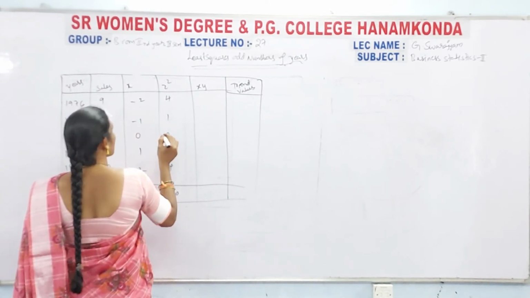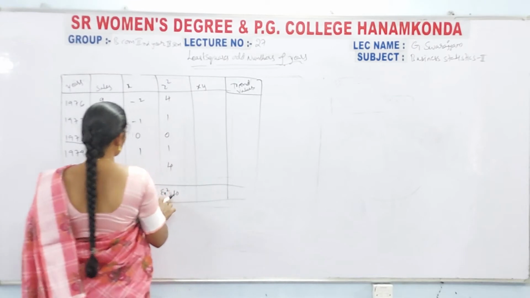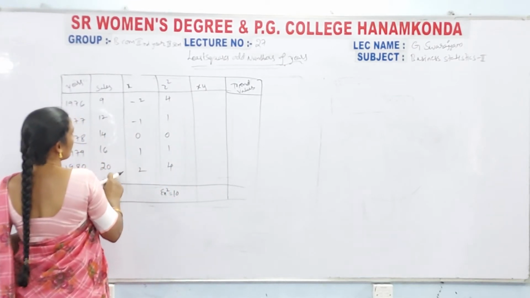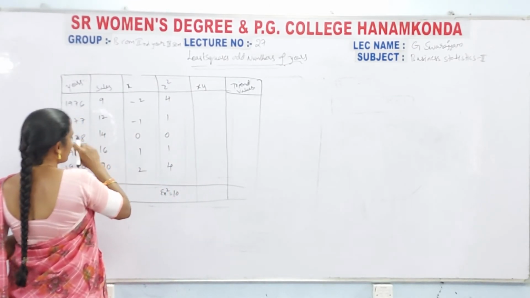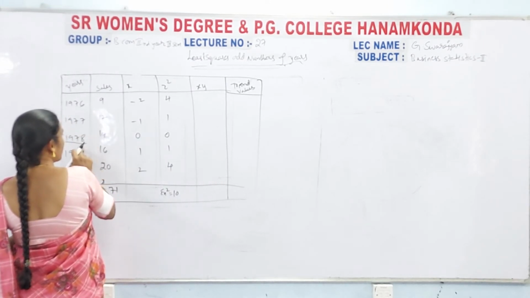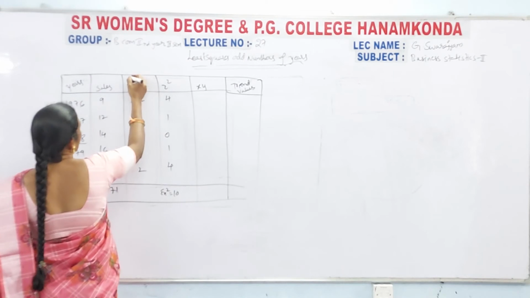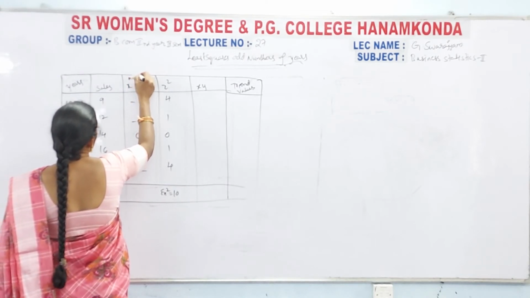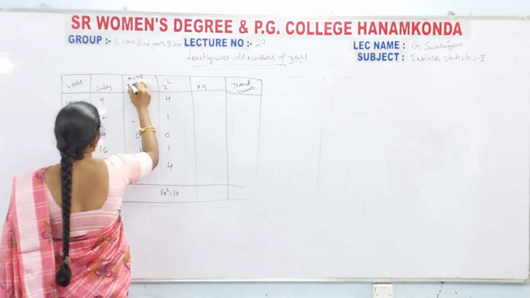So here xy, x square are also found, then the x values are found: 1979 minus 78, estimated year a is equal to 78, x is year minus a.